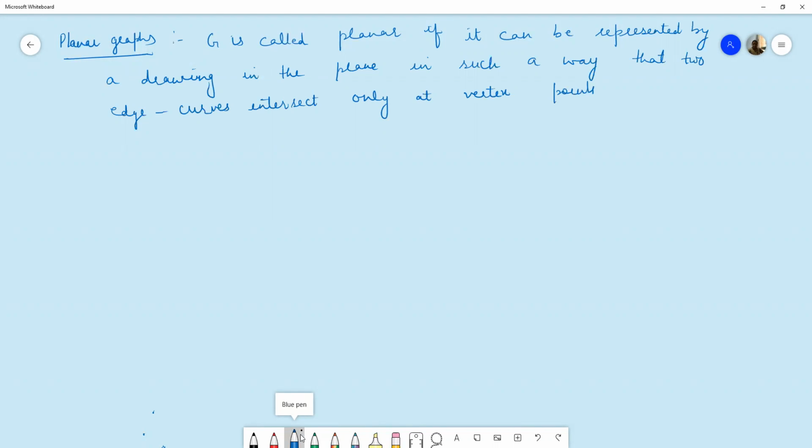Means we can draw that graph such that the edge curves will not intersect except at vertex points. That type of graph is called a planar graph. So we have drawn the graphs K1, K2, K3, K4 and K5. In those diagrams we can see that K1, K2, K3 and K4 are planar graphs, but K5 is not a planar graph.